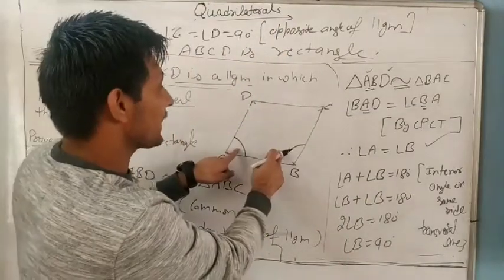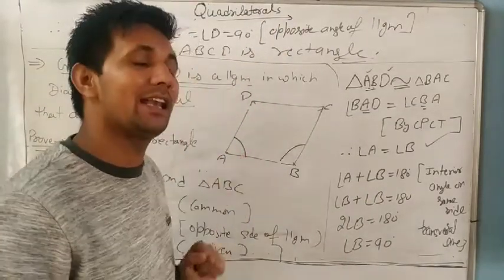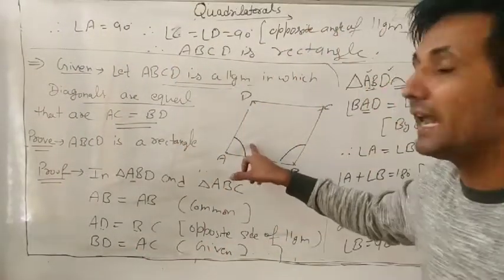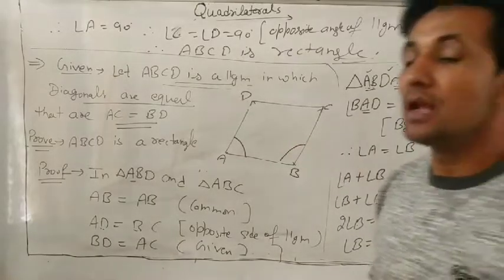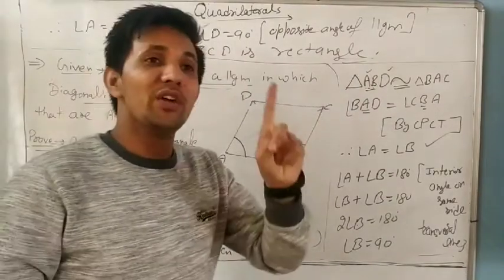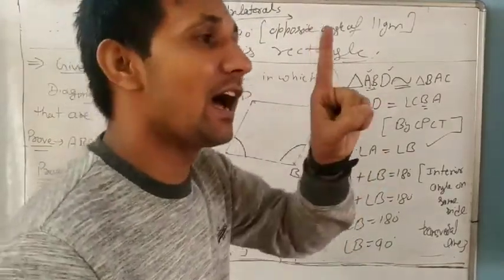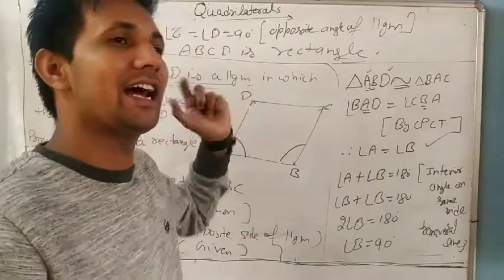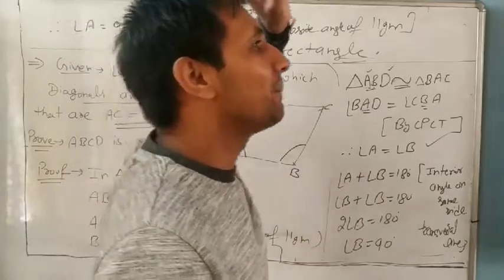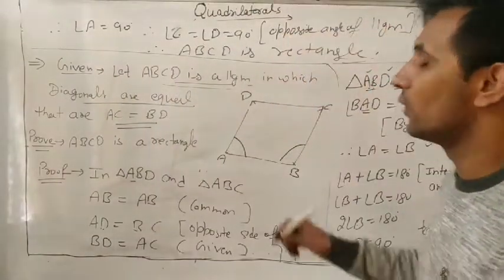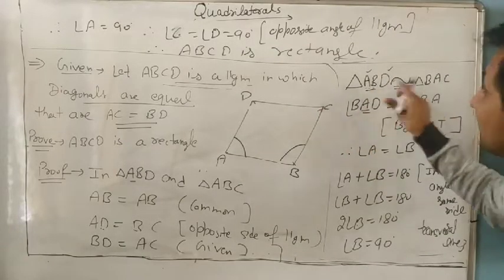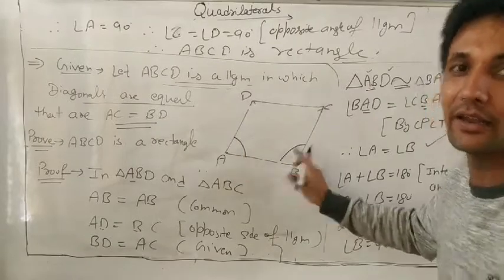If the sum of these two angles is 180, and we want to prove that angle A is 90 and B is 90, it means if we prove that angle A equals angle B, we are done. To prove two angles equal, we should take two triangles and prove they are congruent, because if two triangles are congruent, then corresponding parts are always equal. So we will prove that angle A and angle B are corresponding, which means they are equal.